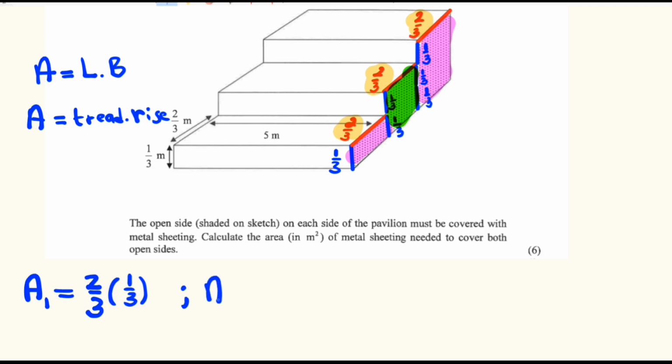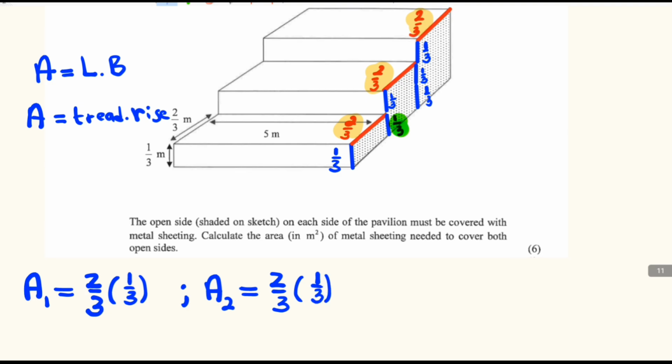And area number 2 will be equal to the tread, which is 2 divided by 3, multiplied by the rise. So the rise will be 1 over 3 plus 1 over 3. So the 1 over 3s are 2. Instead of saying 1 over 3 plus 1 over 3, we can just say 1 over 3 multiplied by 2.